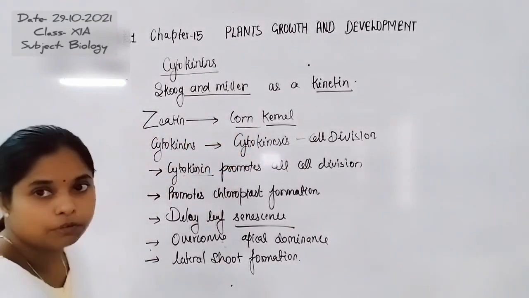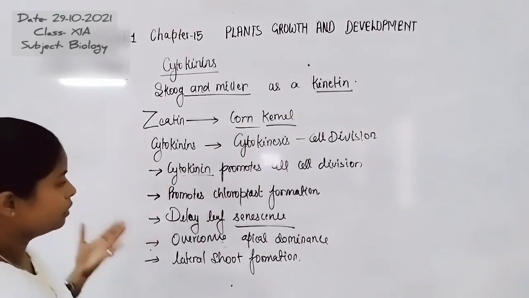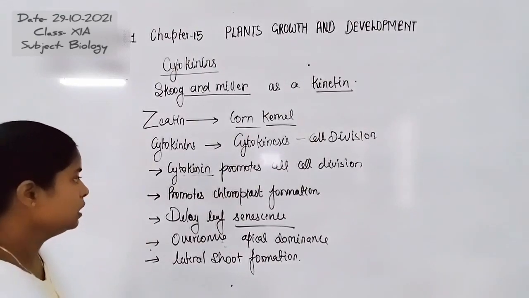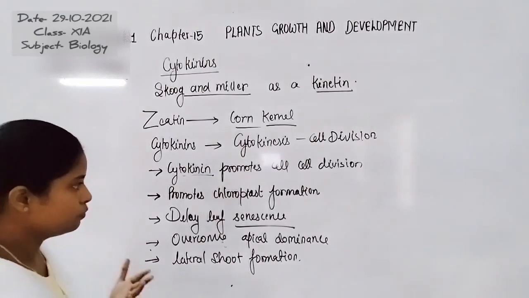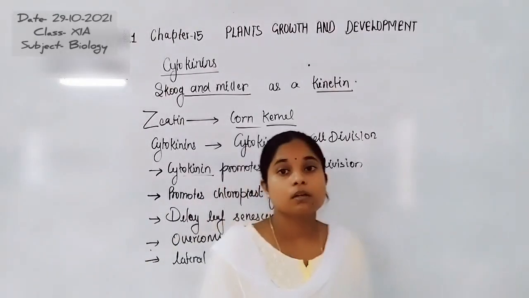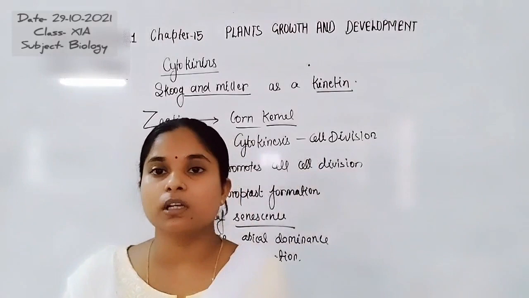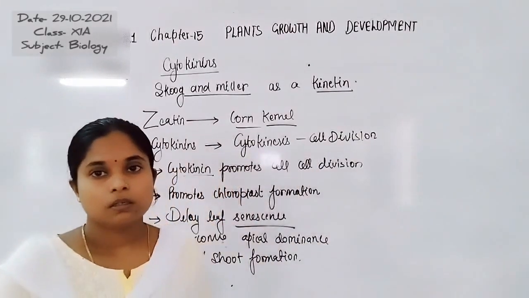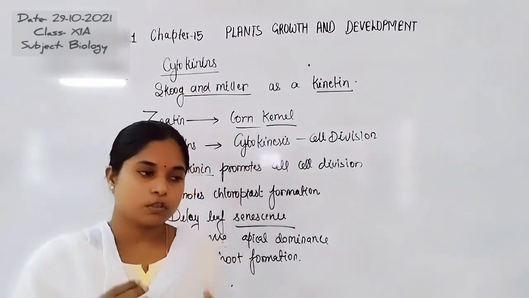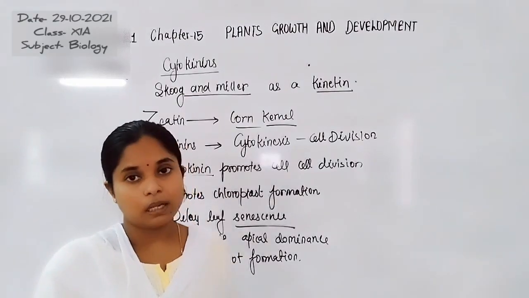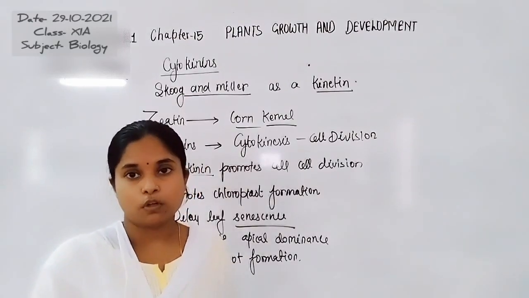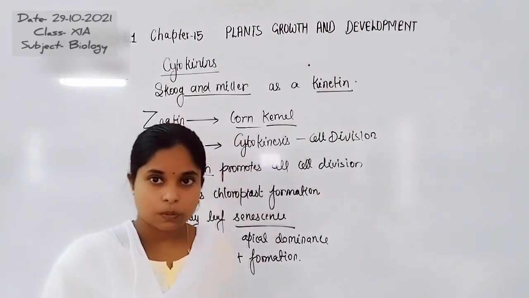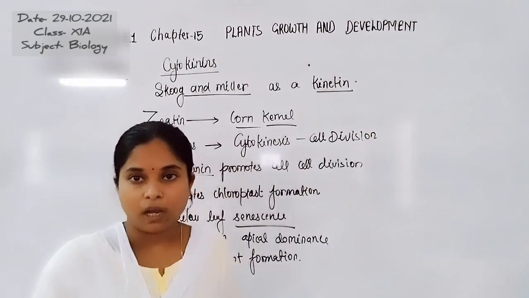If we talk about the function of cytokinin, they promote the proliferation of cell division, and also promote chloroplast formation. If the plant undergoes wilting and destroys its chloroplast to reduce transpiration, it can utilize less water, which is generally used in photosynthesis for the formation of carbohydrate.